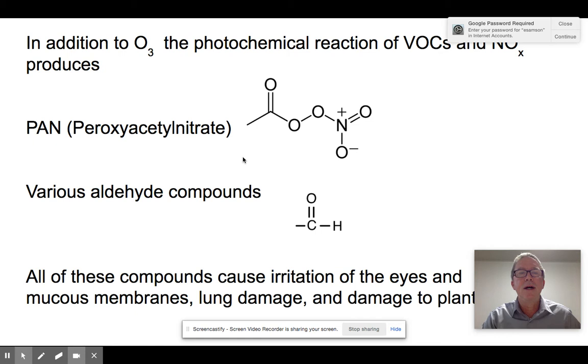And then aldehydes, like formaldehyde, basically you have this functional group attached. These get produced in the atmosphere as a result of these chemical reactions, and these compounds are known to cause irritation of the eyes and throats and mucous membranes, lung damage, and damage to plant growth.